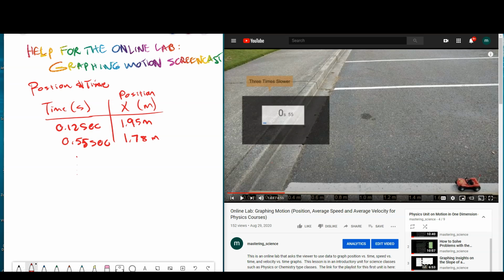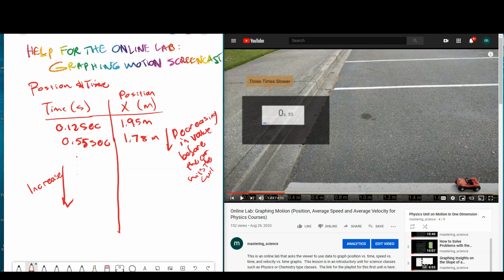What's going to happen is your time is just going to increase as the whole thing continues, right? But let's think about what happens with your position. Your position is decreasing in value before the car hits the curb, right? This is going to go farther and farther down. You'll get to a point where it reaches 0. And then what's going to happen to the position after that? What would we expect to see?